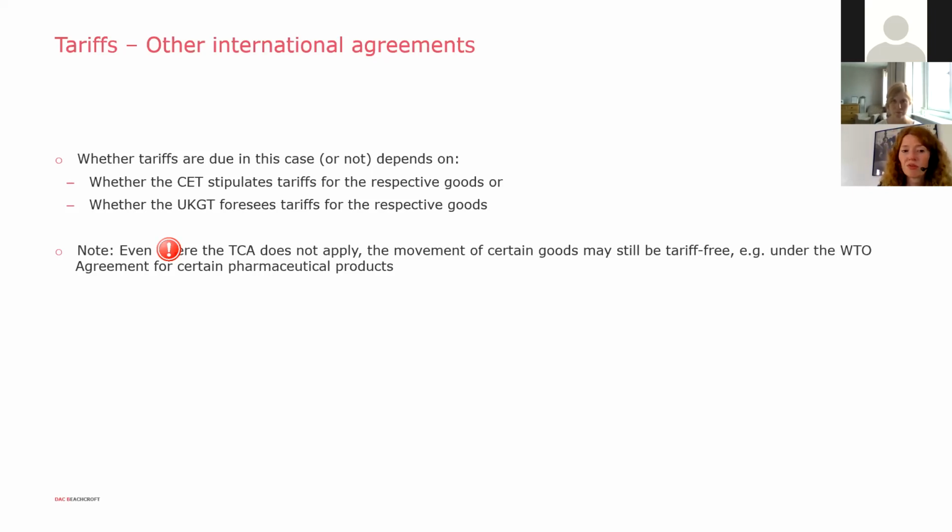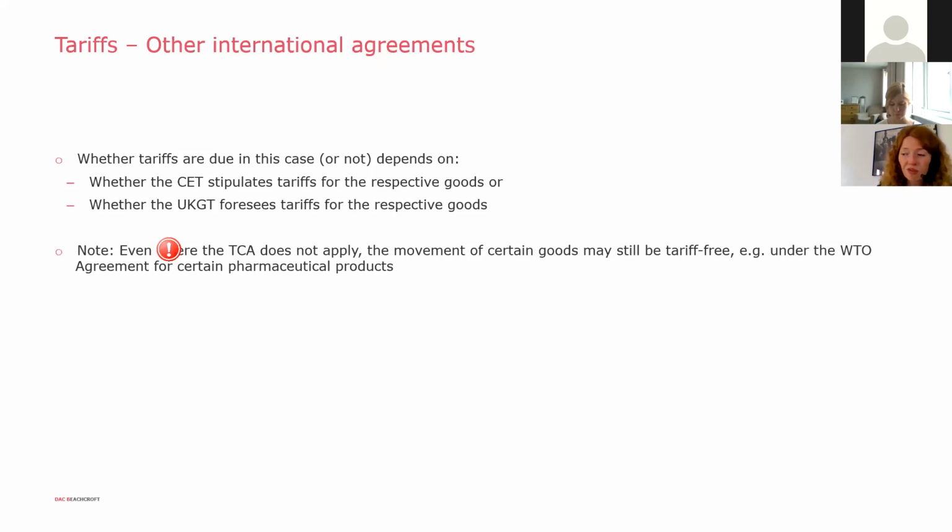Those of you who deal with this on a regular basis will know that the UKGT has quite lower tariffs in many respects, or even zero tariffs for goods where the EU external tariff would apply tariffs.